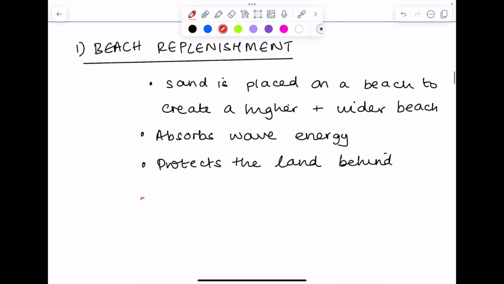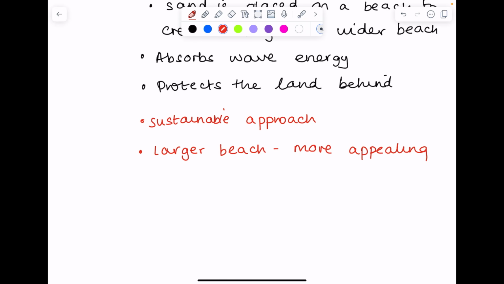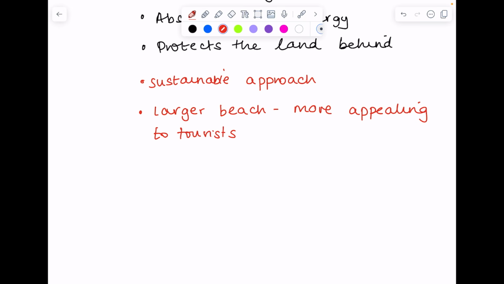Well, it's a sustainable approach. The fact that you're creating a larger beach means that it's likely to be more appealing to tourists. A big disadvantage is that the sand needs to be transported to the site.